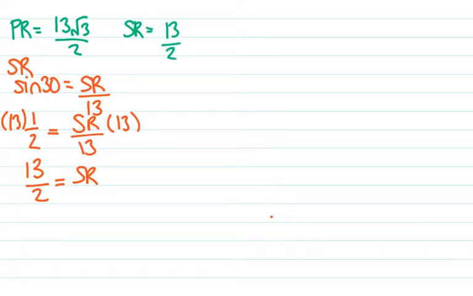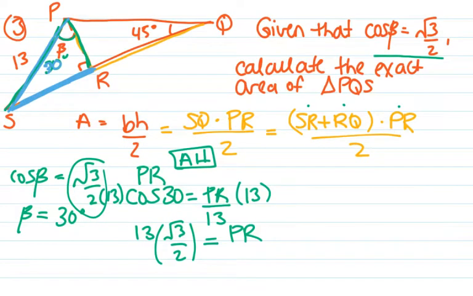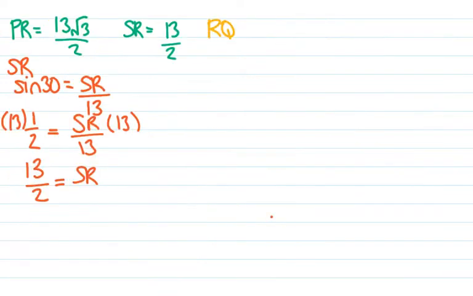Now I need to find RQ. And RQ, go back over here. I'm going to use, so this is what I need to find. I'm going to use this angle 45 here. And I know PR, because I calculated it here. So that would be opposite and adjacent. So I'm going to use tan for this one.